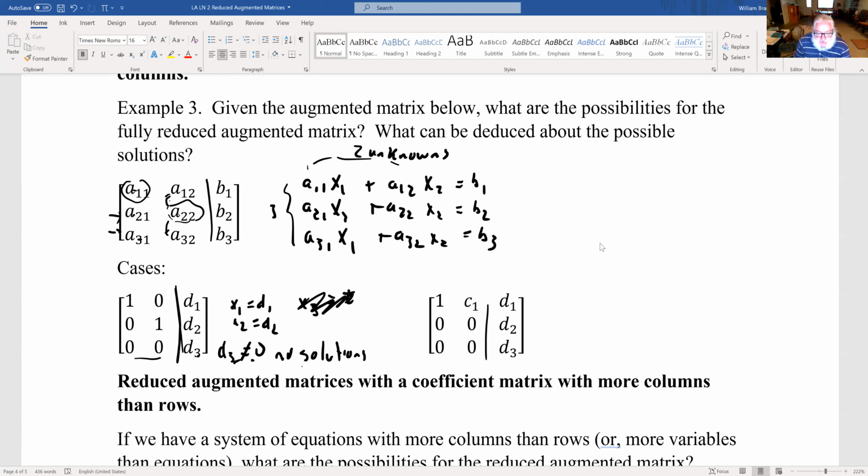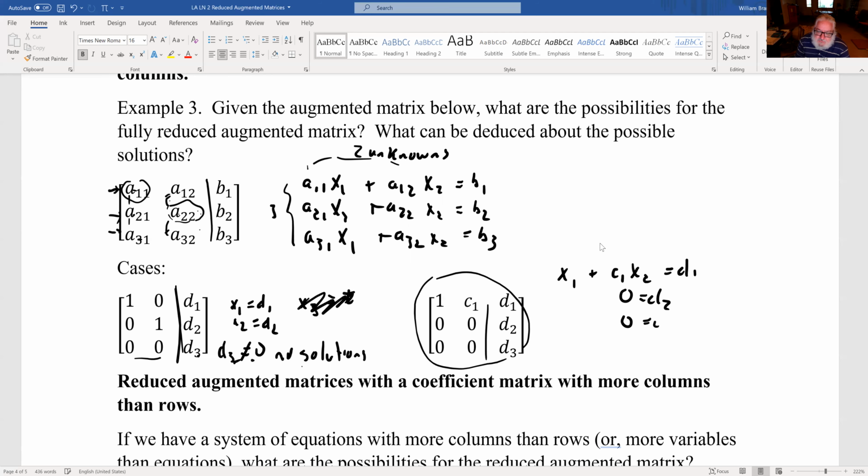The other possibility is this case, where in the process of clearing out the first column, we also accidentally clear out the second column, and we end up in that case. And here we have x1 plus c1 x2 equals d1, and then 0 equals d2, and 0 equals d3.